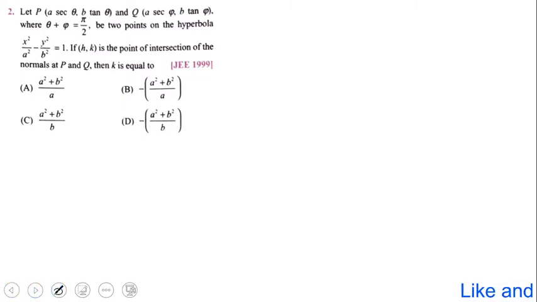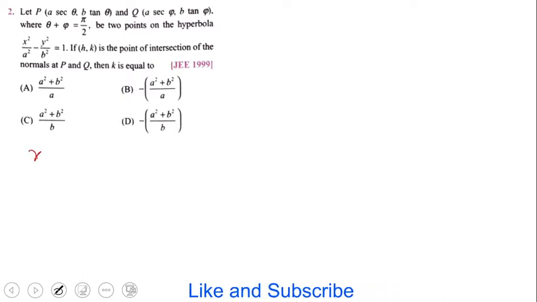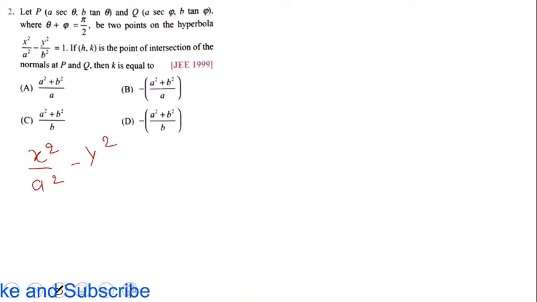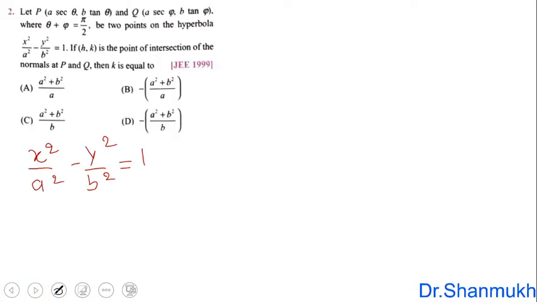So I take the standard form of the hyperbola, as already mentioned: x square by a square minus y square by b square equal to 1. Then further, point P is given.